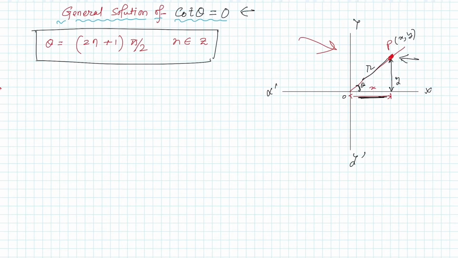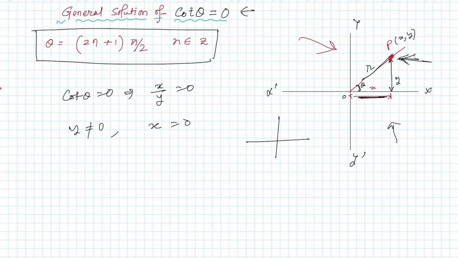From this diagram, from this quadrant, we can write cot theta equal to 0 implies base by perpendicular, that is x by y, is equal to 0. As in this case y cannot be equal to 0, x will be equal to 0. So this point P must be lying on the y-axis.